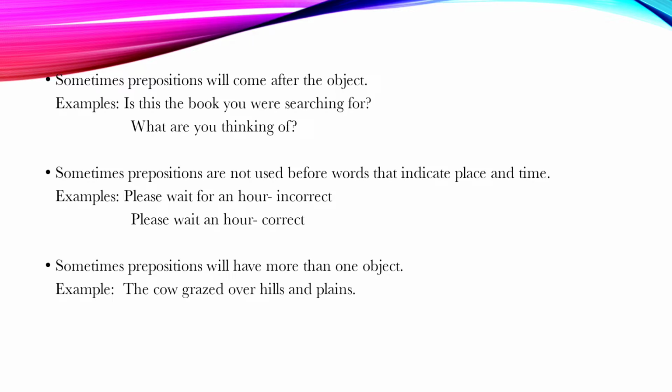So here the preposition is the word for, and it comes after searching. Now, what are you thinking of? In this sentence, of is the preposition word and it comes after thinking. So it's clear that sometimes prepositions will come after the object.